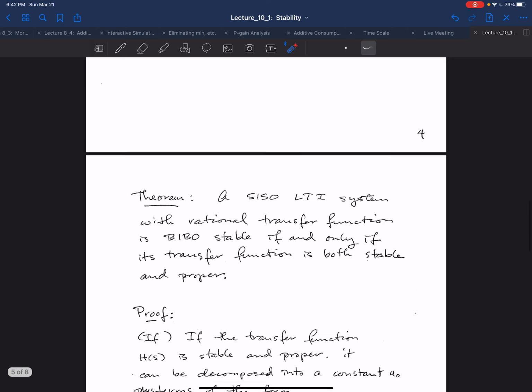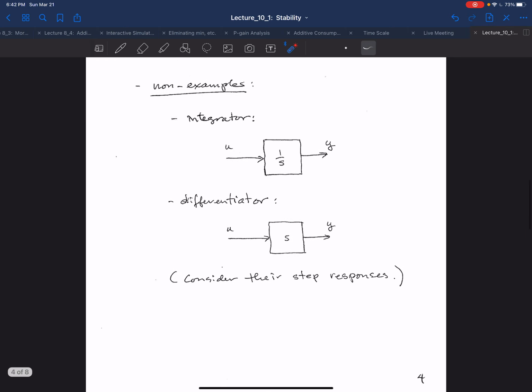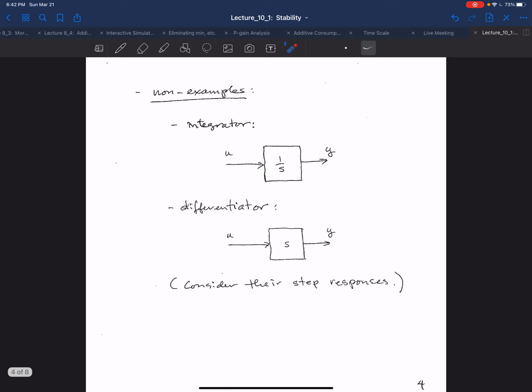So let's go back to our non-examples. In the first case, we can see that the transfer function of the integrator does not satisfy our definition of stability of the transfer function. It has a single pole, and that pole lies at the origin, so it's right on the imaginary axis instead of being strictly to the left of it.